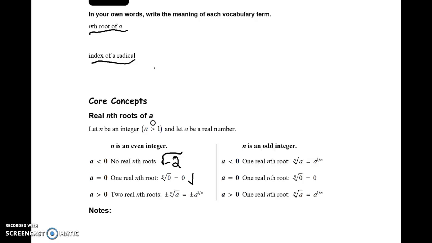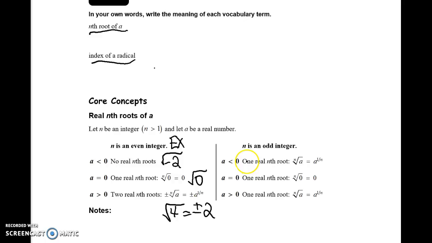Then if we look at the square root of 0, we know that equals 0. So that would be the second part. And the last one would be the square root of 4, which equals plus or minus 2. So you know you have two solutions there.